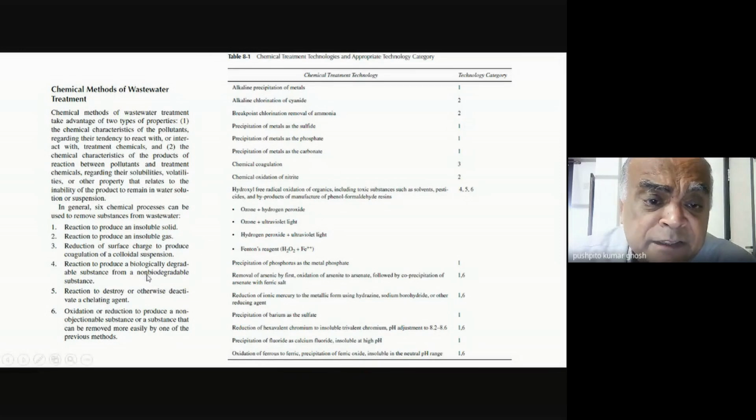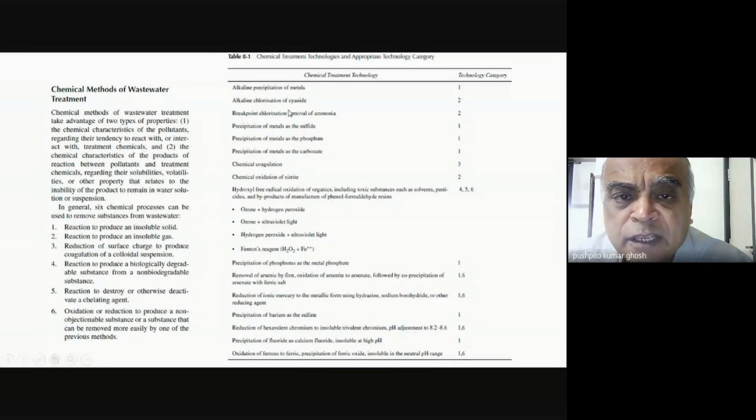In fact, these 6 principles are so important that over here I've tried to list out from that book various kinds of chemical treatment technologies. I might give it to you as a question and say, you tell me in which of these 6 principles it will fall. You can see alkaline precipitation of metals. Obviously, it means reaction to produce an insoluble solid. Then we will see alkaline chlorination of cyanide.